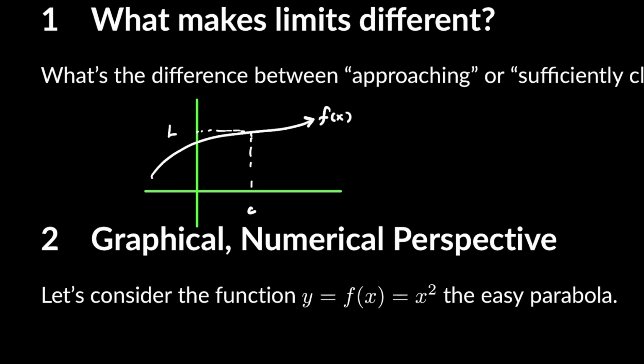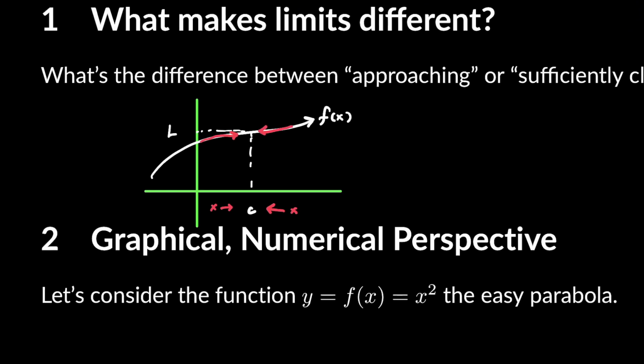The difference between approaching and taking on this value: taking on this value would just be plugging in c, the x value, into this function and getting the output L. Approaching is saying, as I take some x values and head towards c, what is my function heading toward? And maybe if I take some x values just above c and approach c with them, where is my function heading?